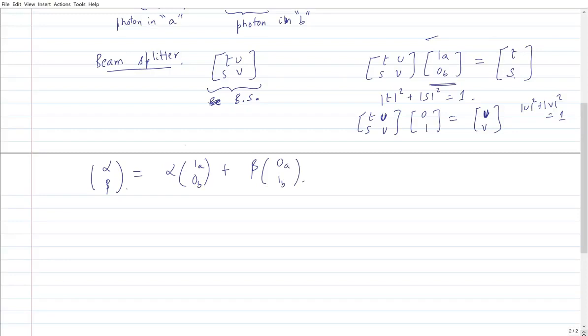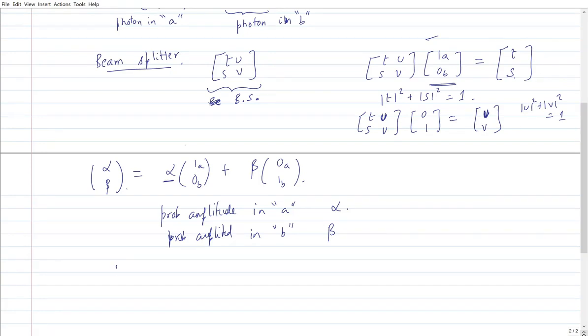But that essentially means that the probability amplitude, which is a complex number, of finding the photon in the A port or the A path is alpha, and the probability amplitude in B is beta. So that's essentially the idea of the beam splitter.